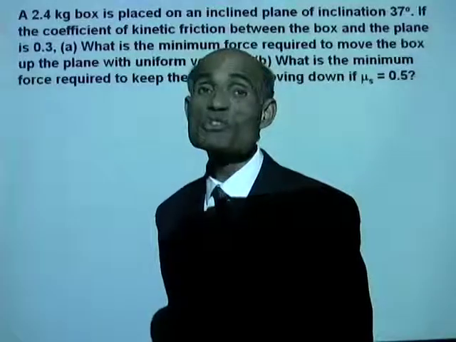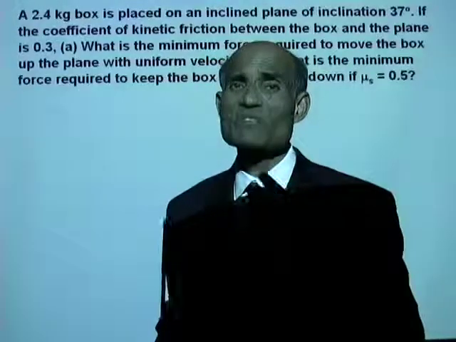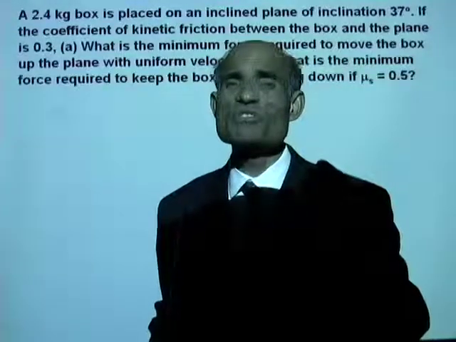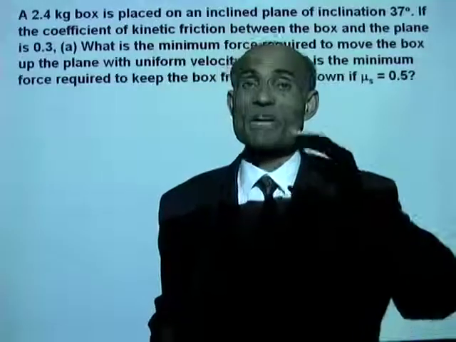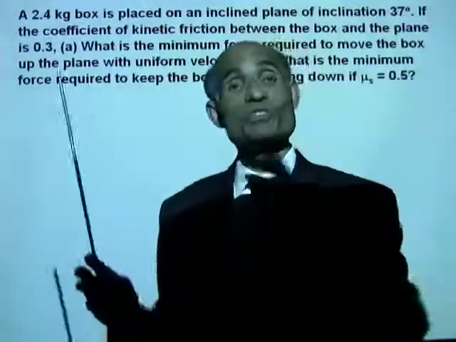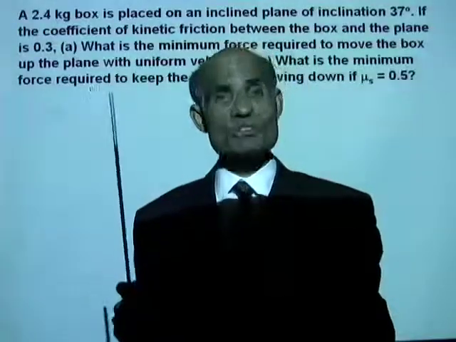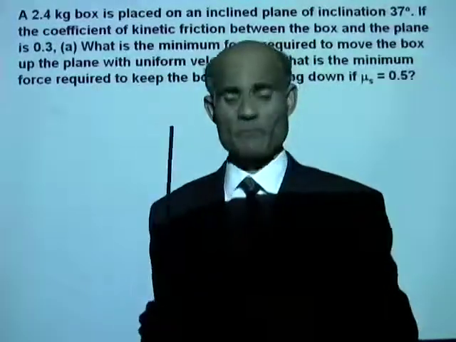Well, I know you will say this has nothing to do with conservation of energy. Well, that is true. This is something that we did earlier. So this is a problem purely on friction. I want to do it anyway.